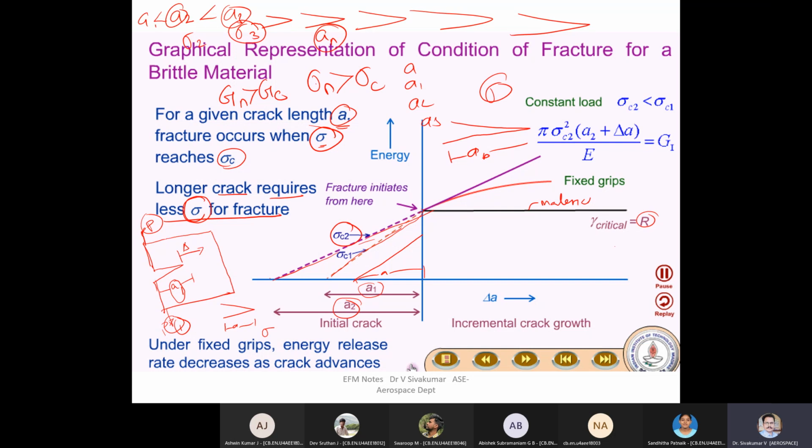So when you talk about sigma C, at less sigma itself the crack will initiate, because you don't find the resistance in terms of sigma.